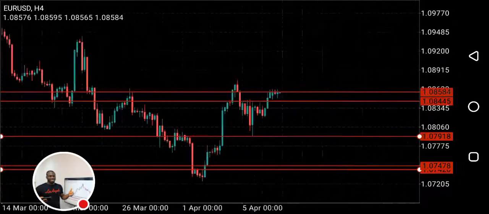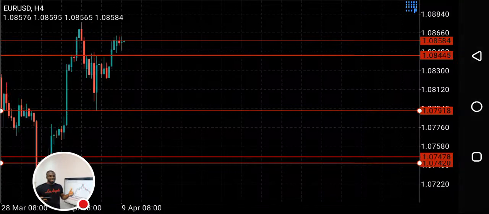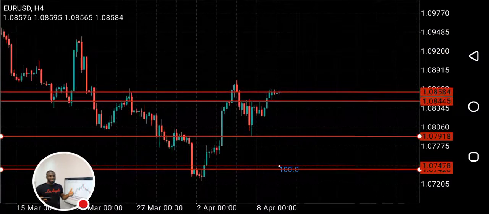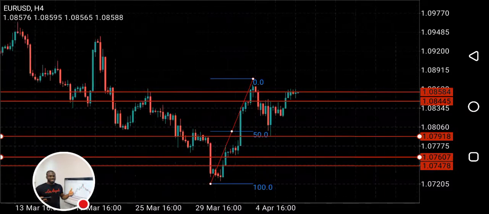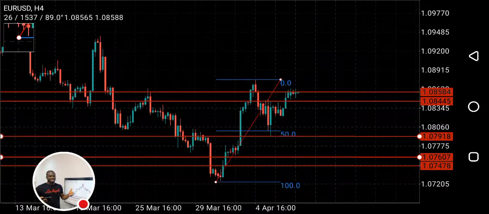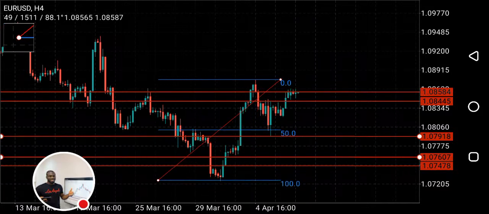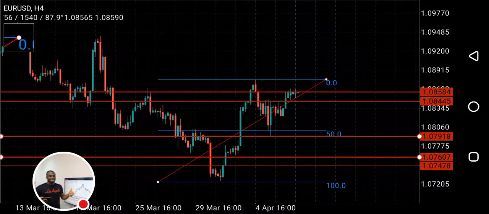If you apply Fibonacci from this swing high to swing low, you'll see price is at premium. Wait for price to pull back to discount.